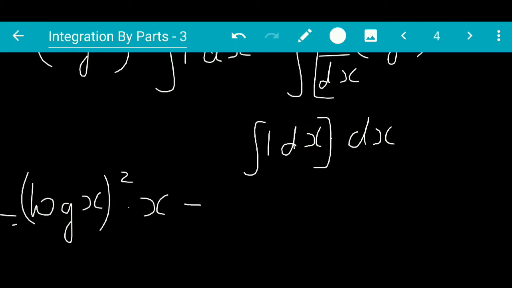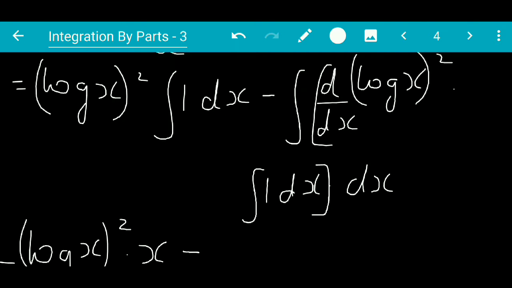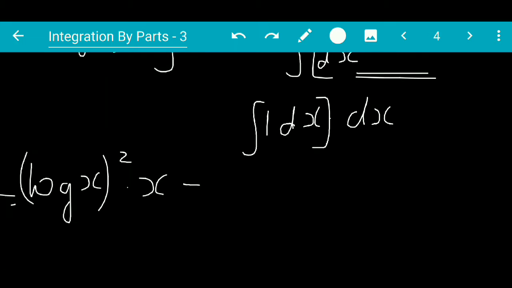Minus, now the derivative of log x the whole square. See, in this second integral, the derivative of log x the whole square is the same as the formula for x square. If you had x square, what is the derivative of x square? You would write it is 2x, isn't it? So therefore log x the whole square becomes 2 log x, and by using your chain rule, the derivative of log x again.